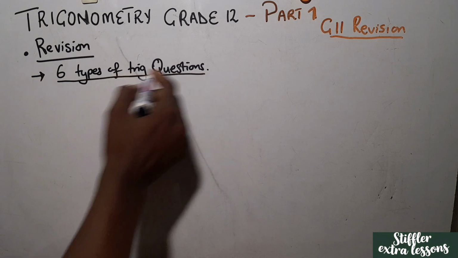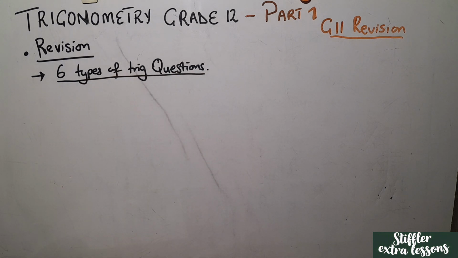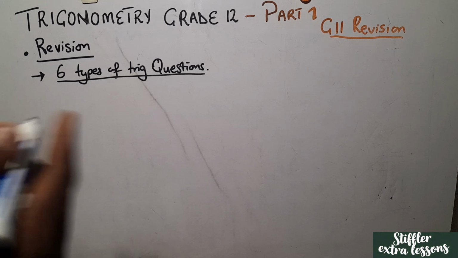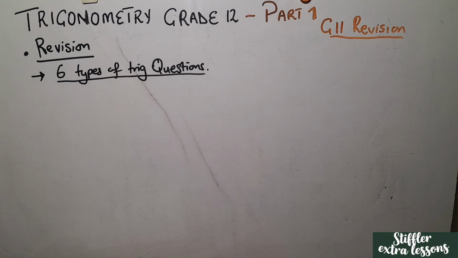We are still talking about part 1 of trig, which is mostly about the identities, without talking about 2D, 3D, and without talking about the functions. Once you know these types of questions, you can crack trigonometry like nobody's business. You will be a star, a hero of trigonometry.